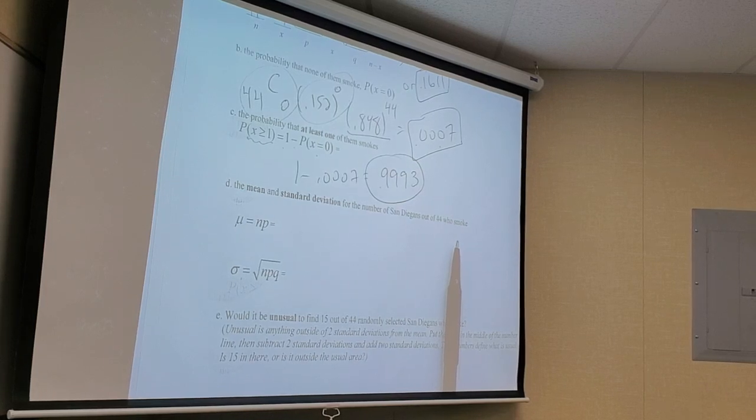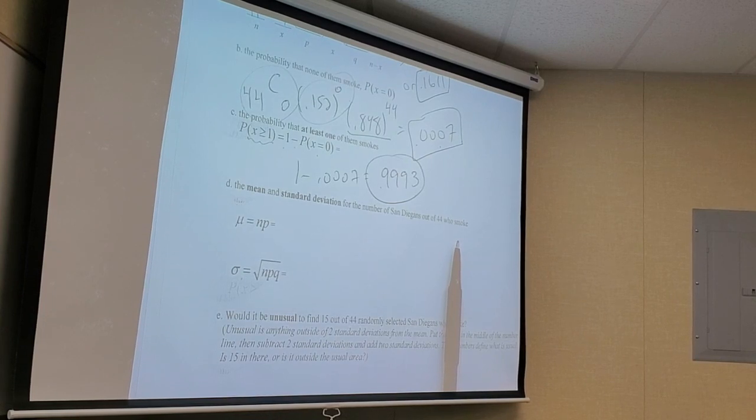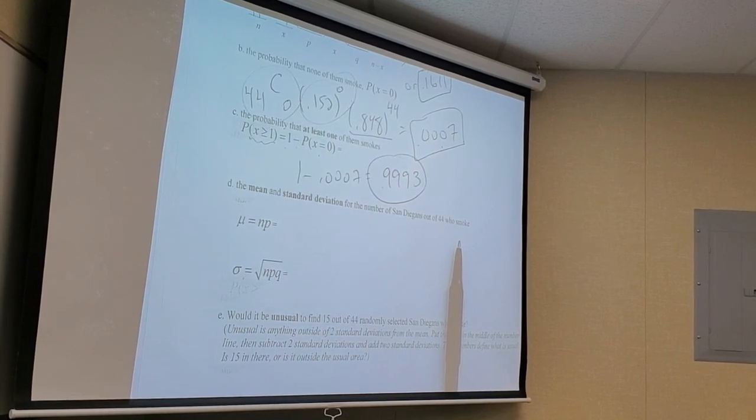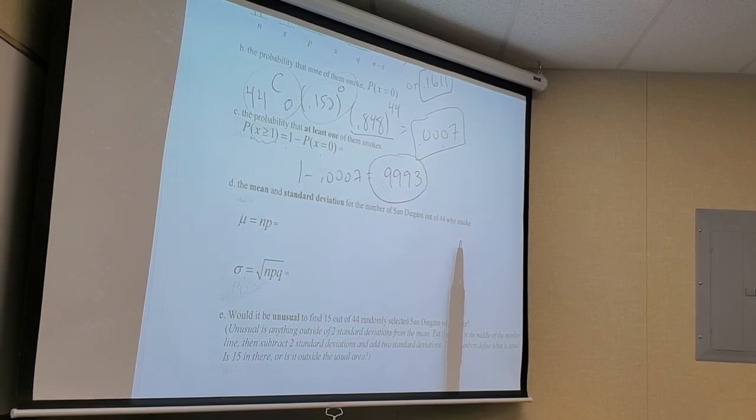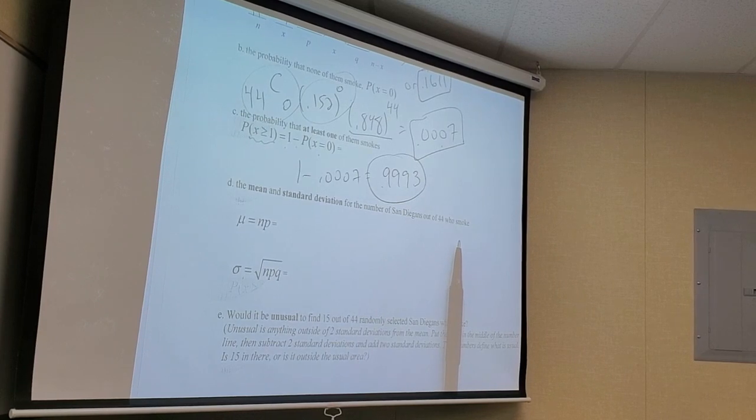If they take 20 free throws, how many would we expect him to make? He makes 30% of his free throws. If he takes 20, we would expect him to make 6. What's 0.3 times 20? 6, right?